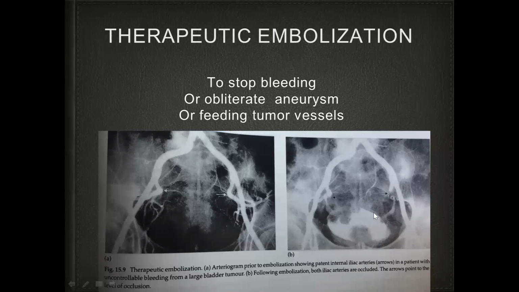This will either stop the bleeding or decrease it dramatically, which is a palliative measure in such an advanced case. Of course, this can also be used in pelvic trauma when there is a lot of uncontrollable bleeding.